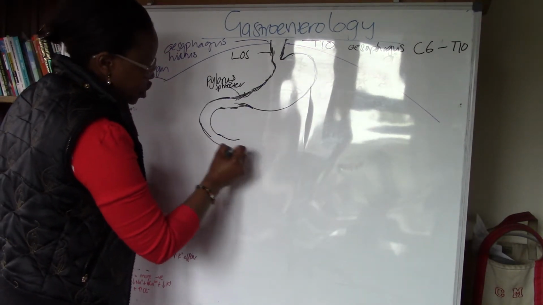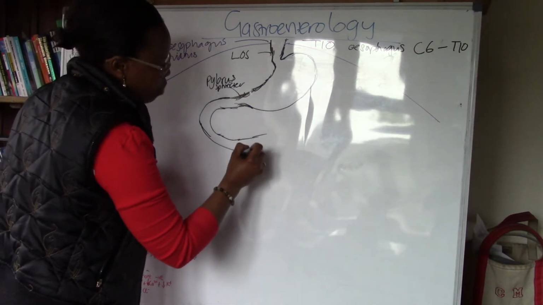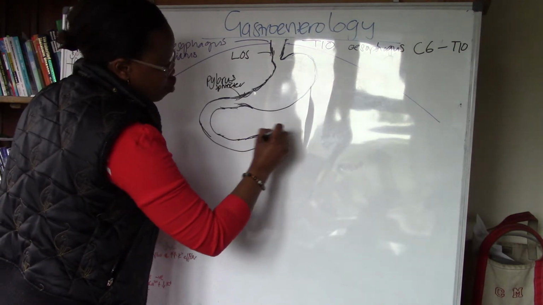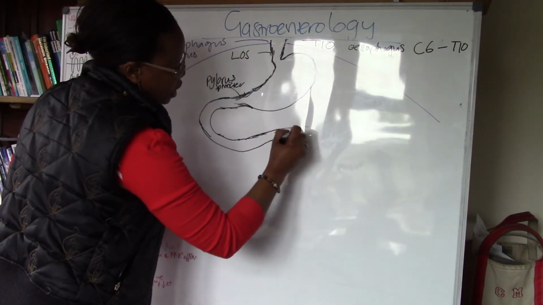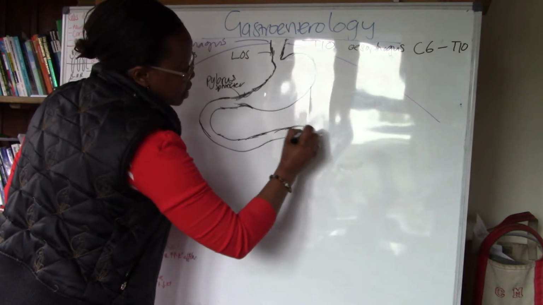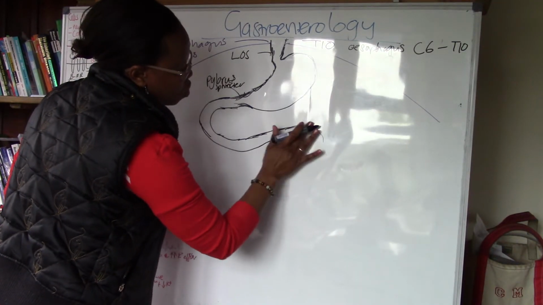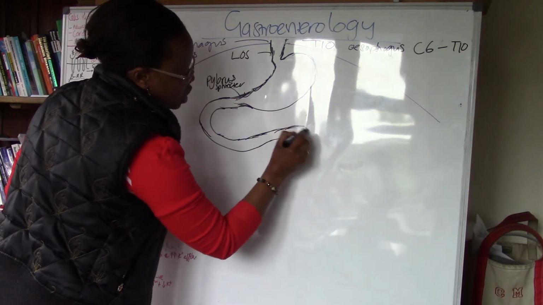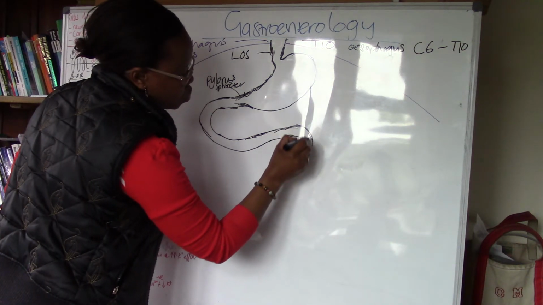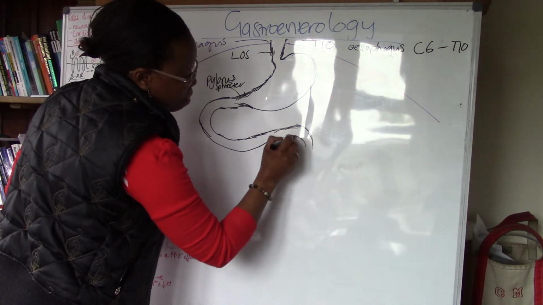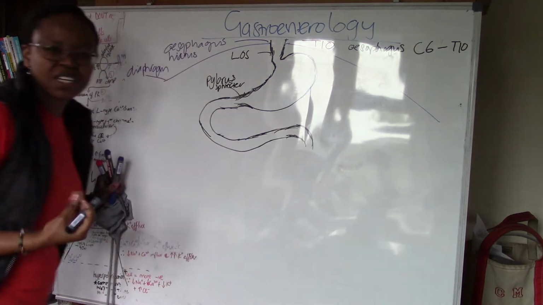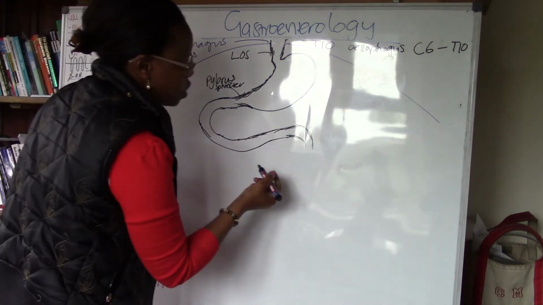It forms a C shape, and part of it extends posteriorly to become retroperitoneal.